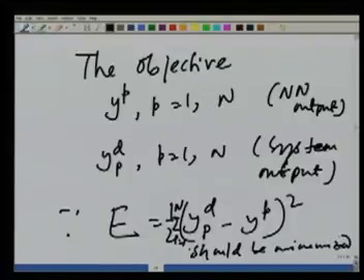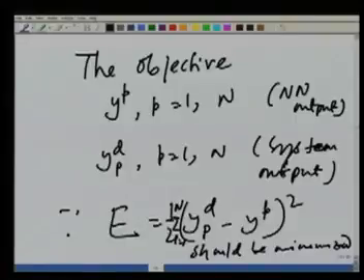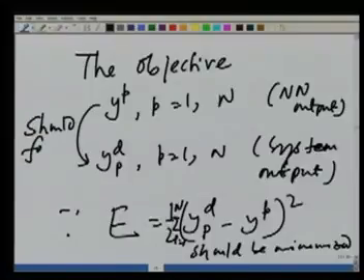I hope you understand this. This is the key. You must know before designing a neural network what you are going to do. That is the most important point. And here what I am saying, this yp, the neural network output should follow the system output ypd.